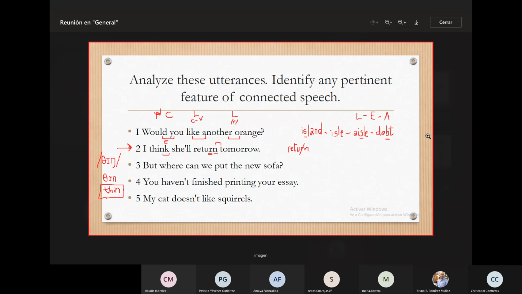But the sound k, when we say think, is still there. We still say think. But when we say printing, we don't say printing g. So there is a regressive assimilation, completely agree with that, but also the sound disappears. What do you think about that? Is that too crazy?